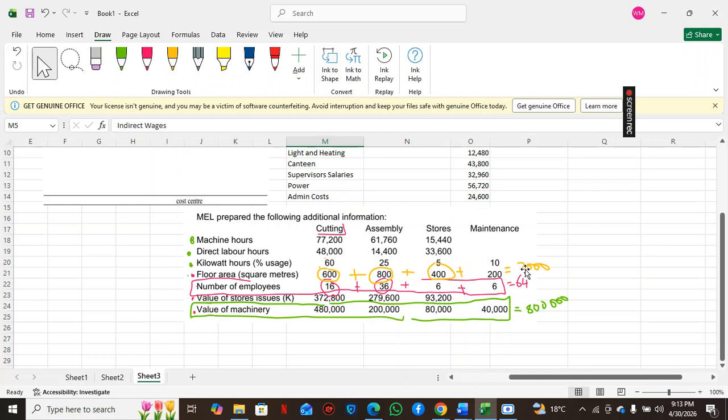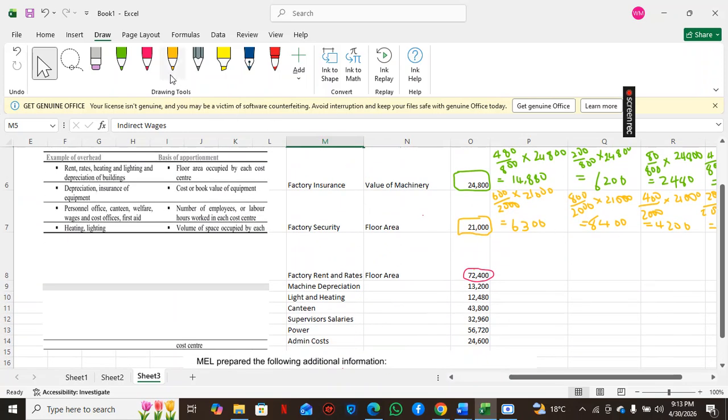Once you've got the total, that's when the sharing starts. For cutting department, since it's got 600 square meters, it's 600 over 2,000 multiplied by this 72,400 here, because that's the amount that is being shared out.